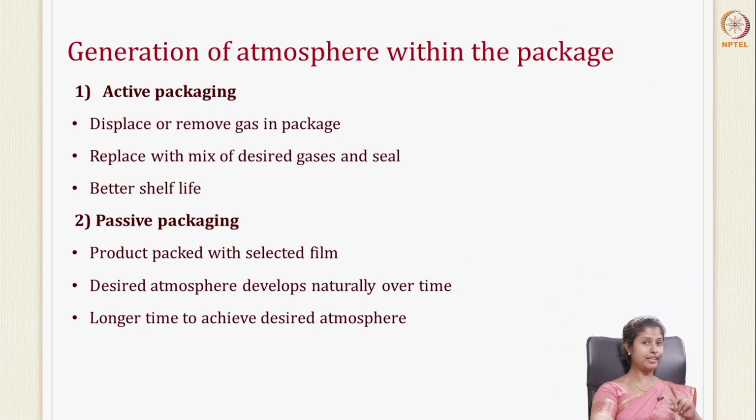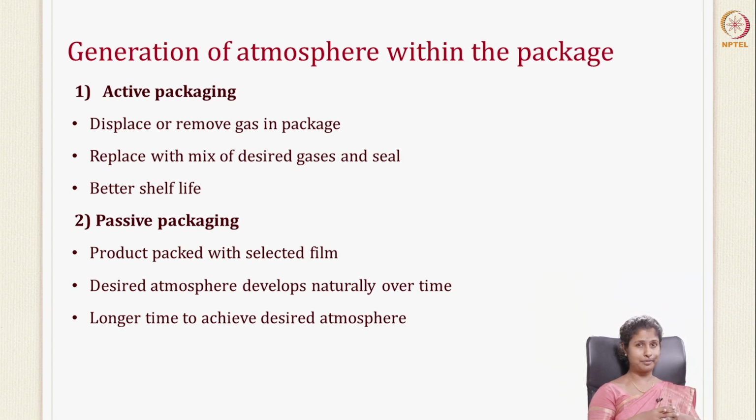There's another way. These two were the mechanical ways of replacing your air and flushing in the gas. The other way is you allow the atmosphere within the package to build up, either actively or passively. So you are not going to have any direct role in changing the composition of the package. You're going to allow the package itself to actively or passively change the composition.